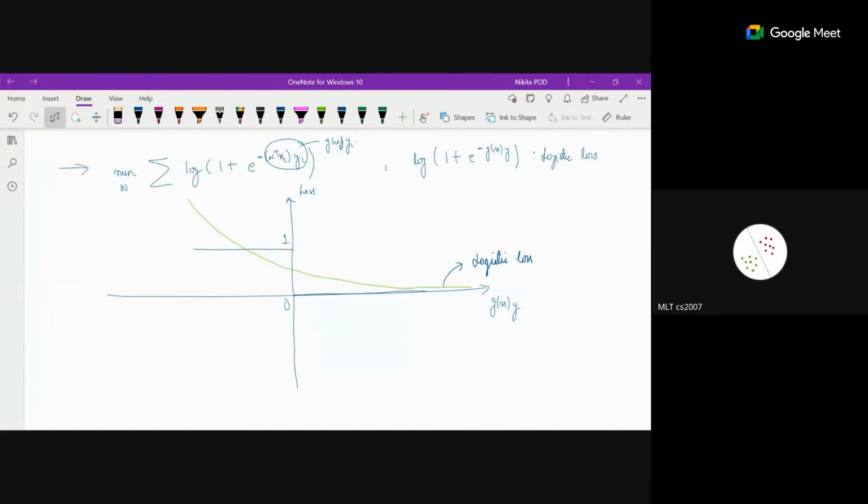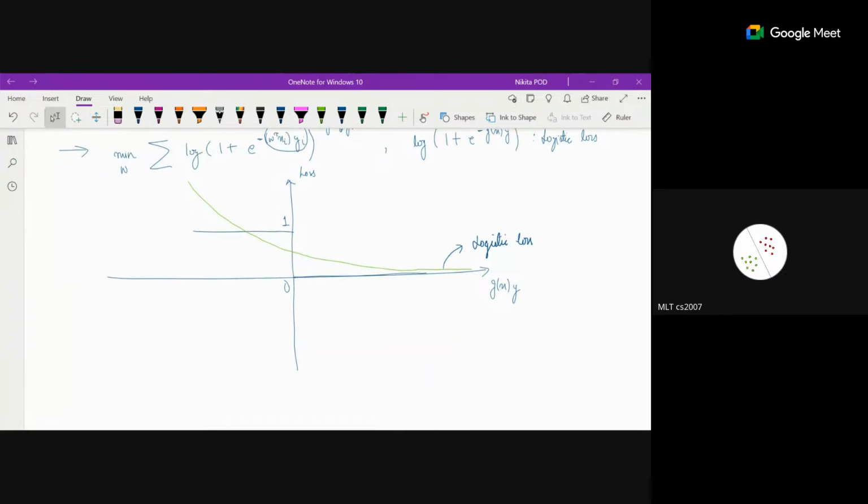So this also works well for the NP hardness of the 0, 1 loss. And what were the other losses that we had seen? Let's just draw that also. So one was this one. Okay.